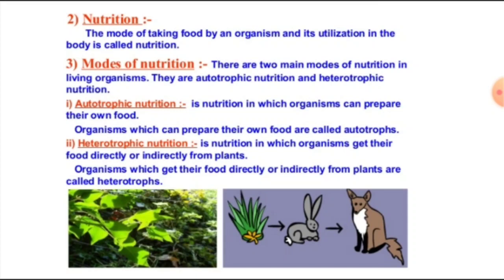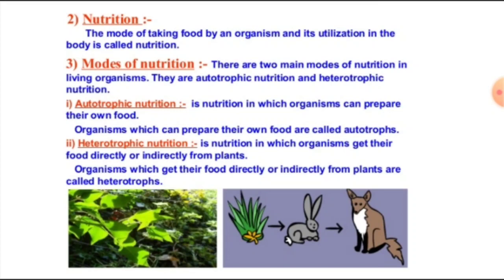Autotrophic nutrition is nutrition in which organisms can prepare their own food. Organisms which can prepare their own food are called autotrophs.